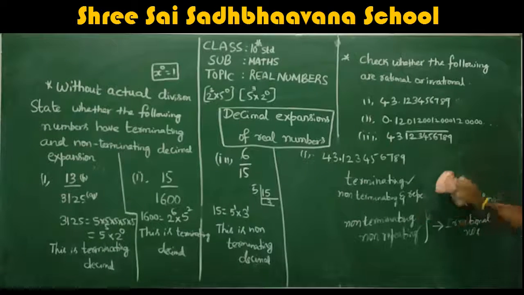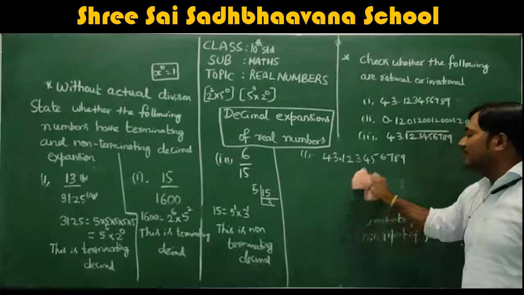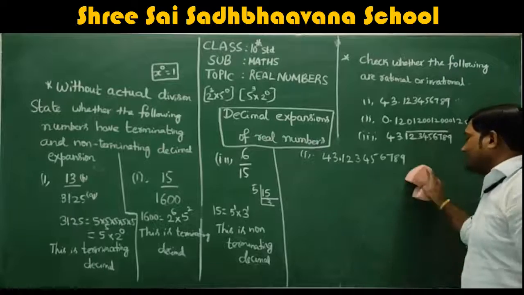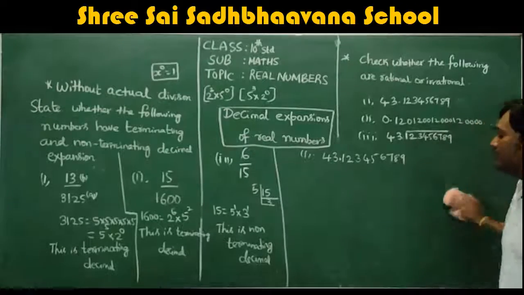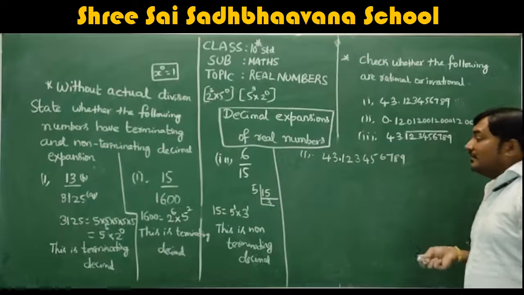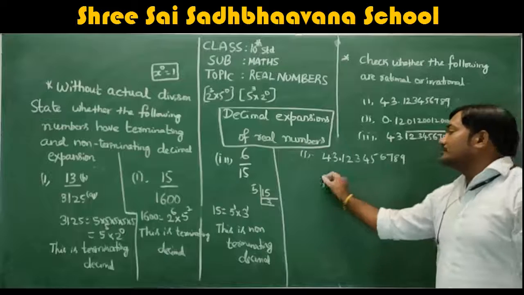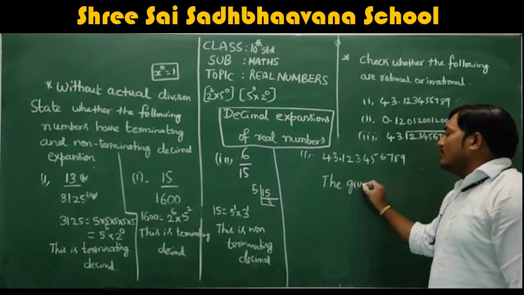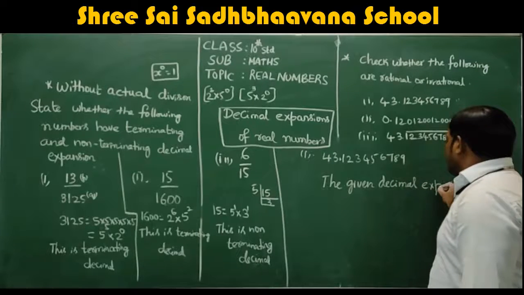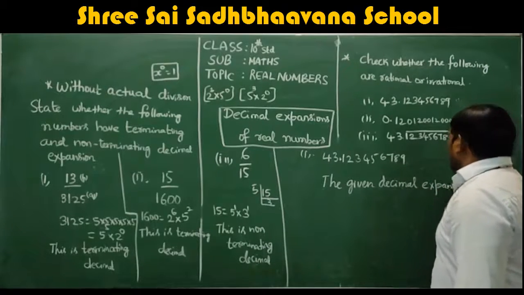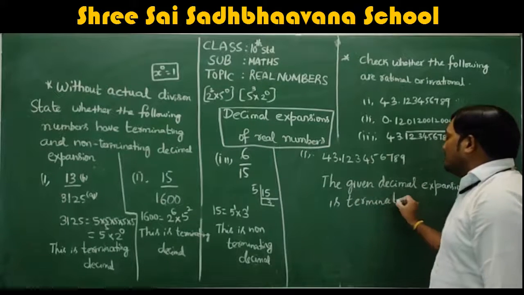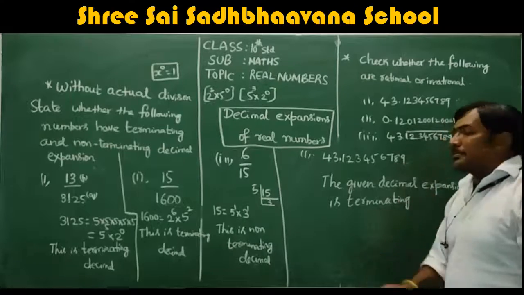So now we will come to the sum. What is this first sum? 43.123456789. Here you see, it is stopped. It means terminated. Easily we can see that the given decimal expansion is terminating, because the division is stopped.